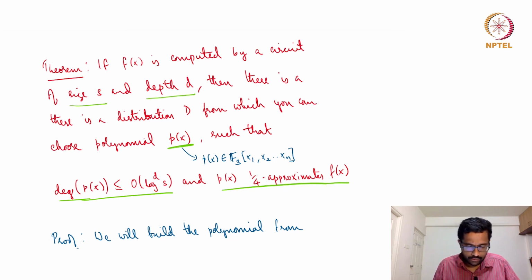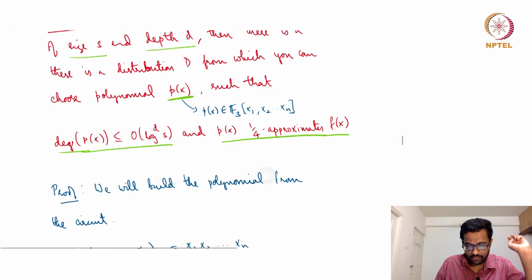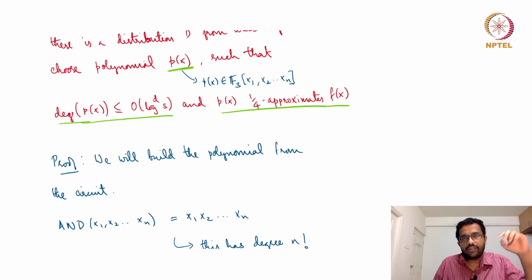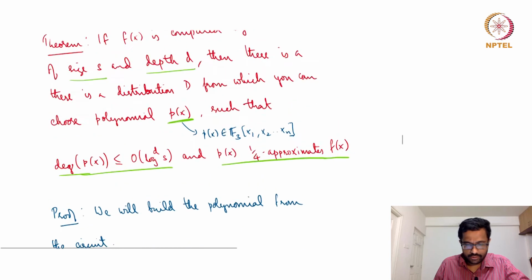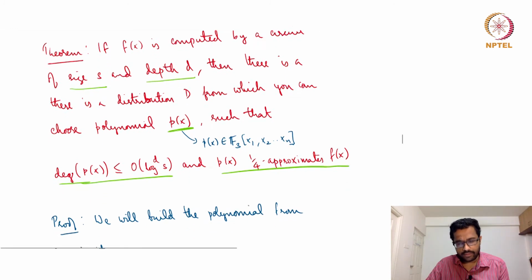So this is saying that if you allow 1/4 errors, then there is a polynomial that 1/4 approximates the function, such that the degree of the polynomial is at most log s to the power d. It seems an interesting statement. The proof is rather direct.